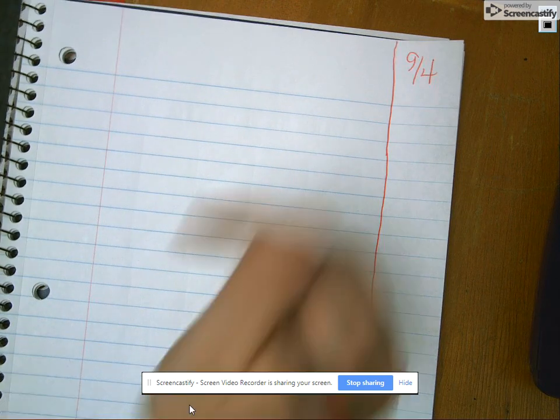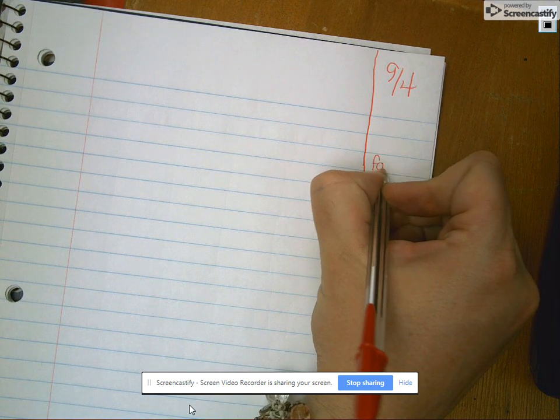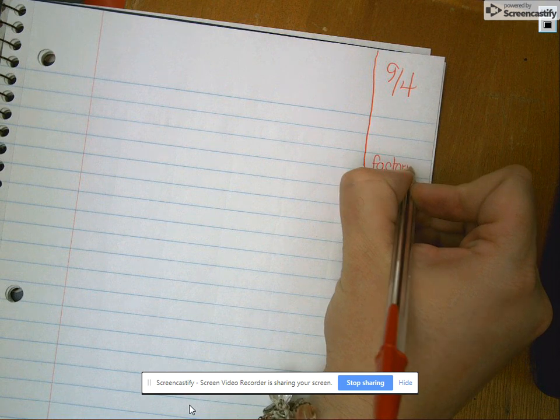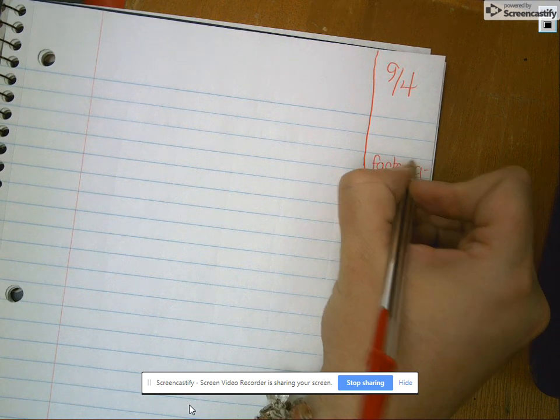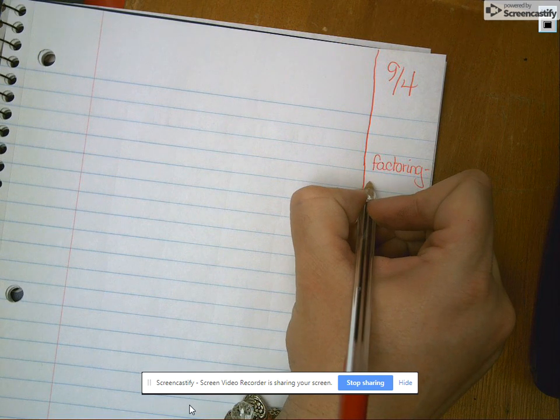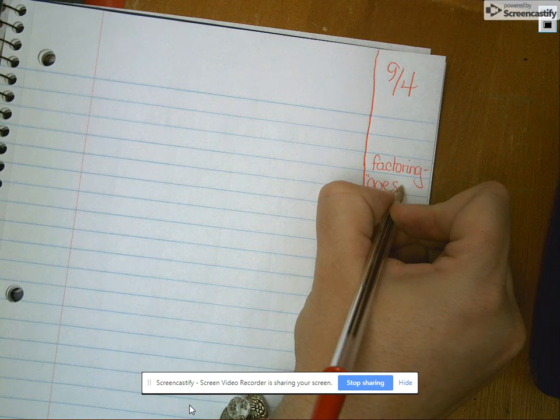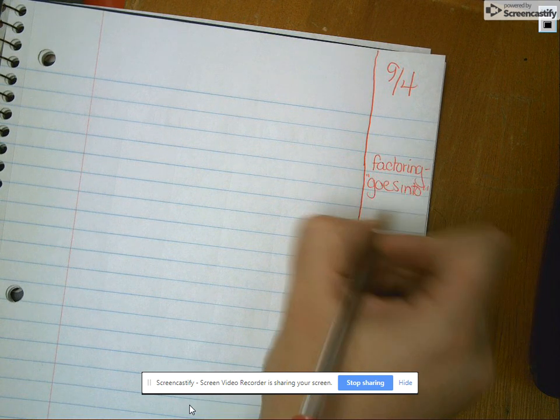Okay, the first word that we would need to make sure that we understand is factoring. Factoring is finding the factors, or what goes into another number.